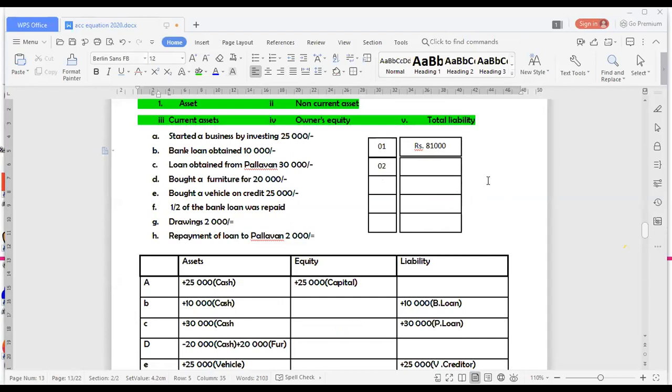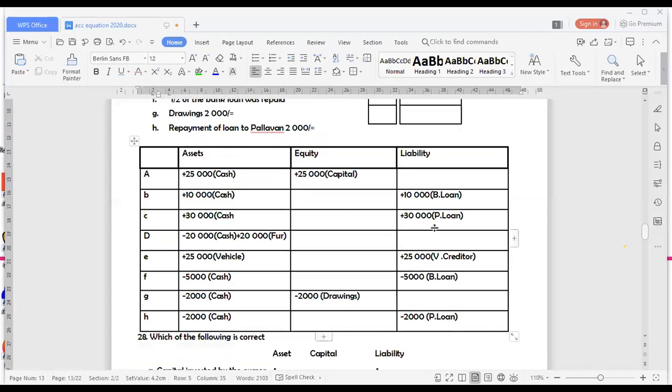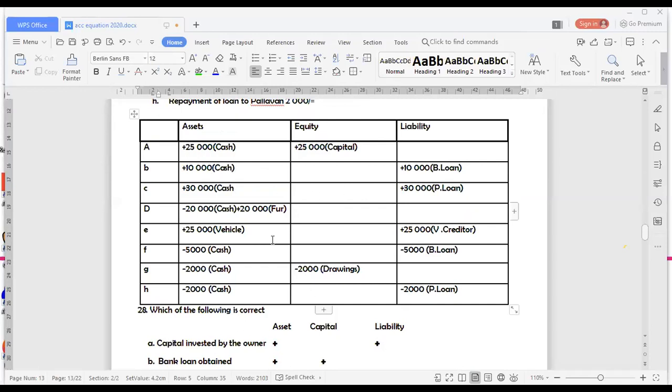Okay. Second question, non-current asset. What do you mean by non-current asset? Non-current asset means out of the assets, those which you can use for the long term without changes. You see, you have cash in this sum, and the cash keeps increasing and decreasing. So cash is not a non-current asset, it is a current asset.